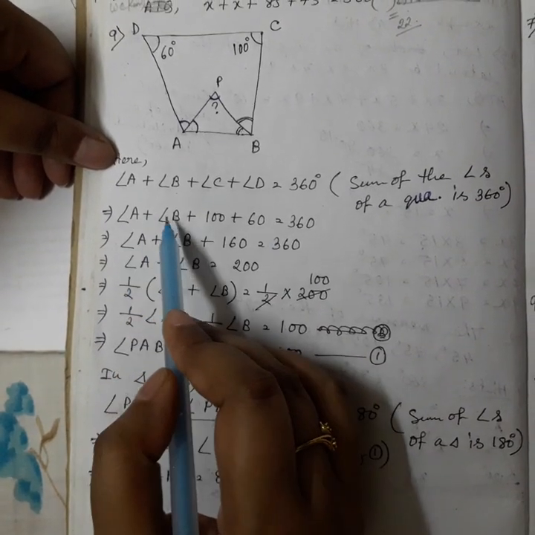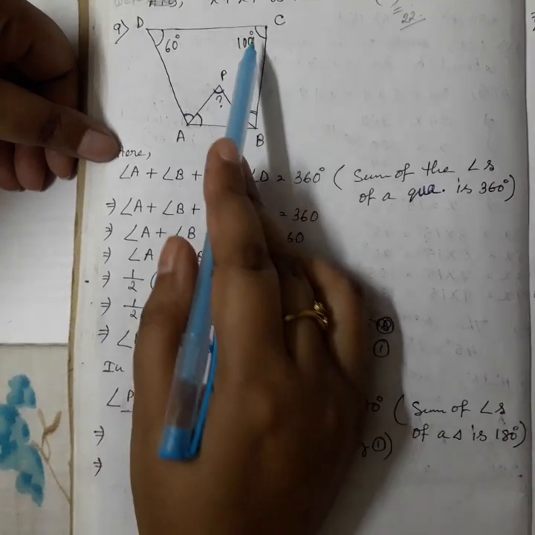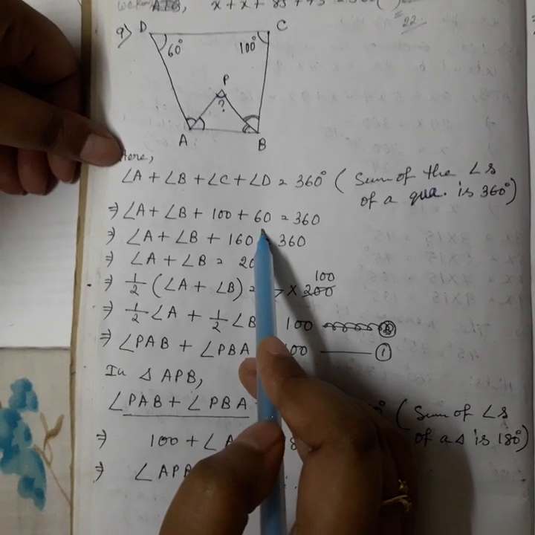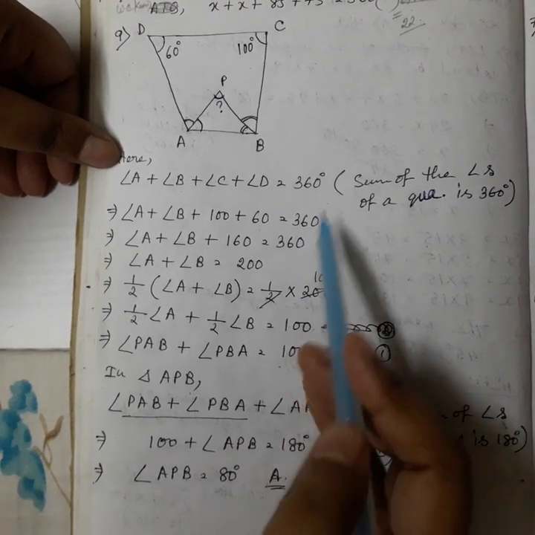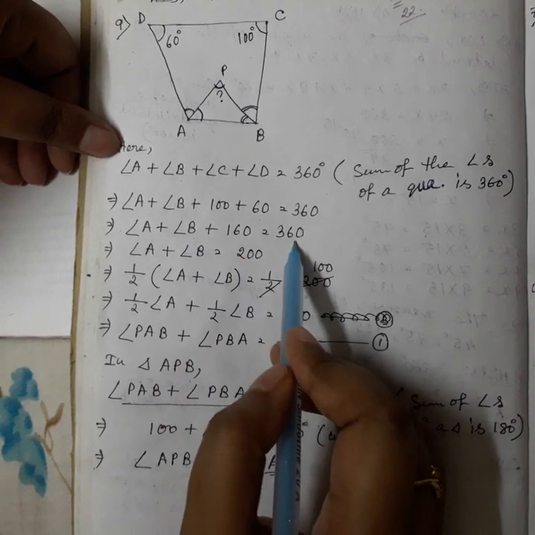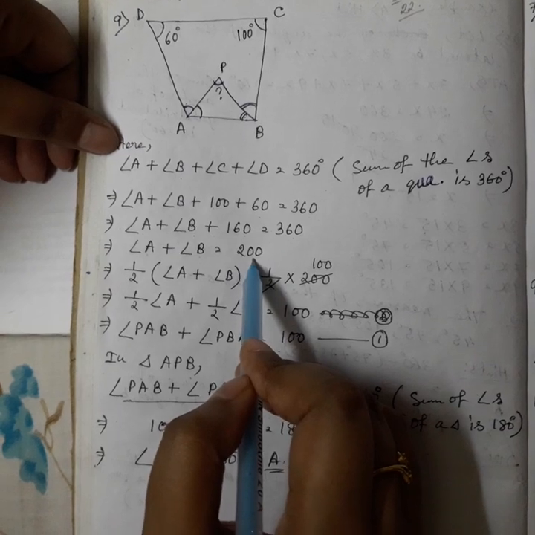Angle A and angle B are not given, that's why written same. Angle C is 100 degree, angle D is 60 degree, equal to 360 degree. So angle A plus angle B plus 160 equal to 360 degree. So angle A plus angle B equal to 200 degree.